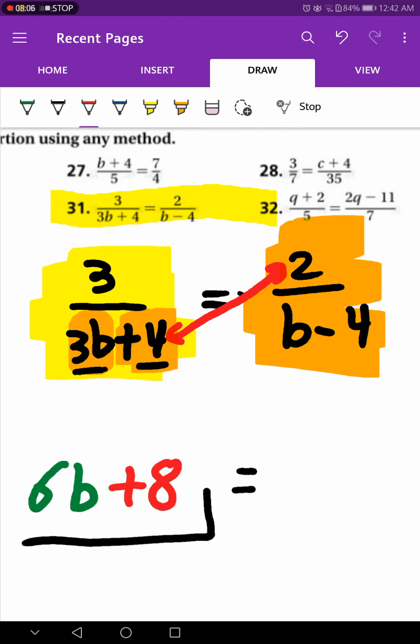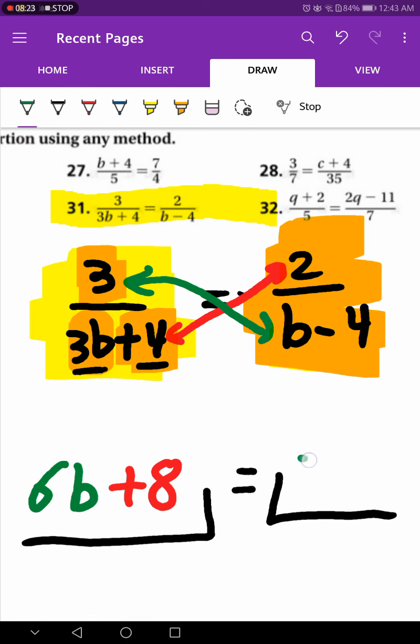Great. So this is the left side. Now the right side, it's coming from here. Multiply the 3 by the b, which equal 3b. Great. And multiply again the 3 by negative 4, which is equal negative 12.